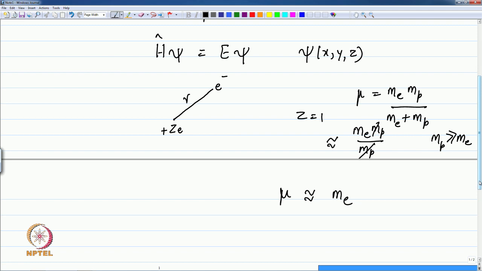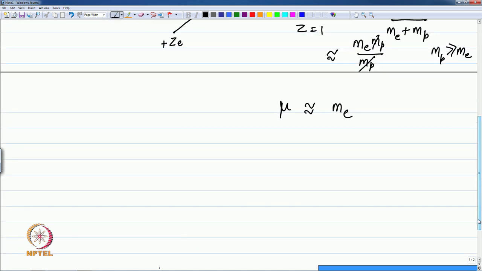We shall make that approximation and write the mass as nothing but the mass of the electron.